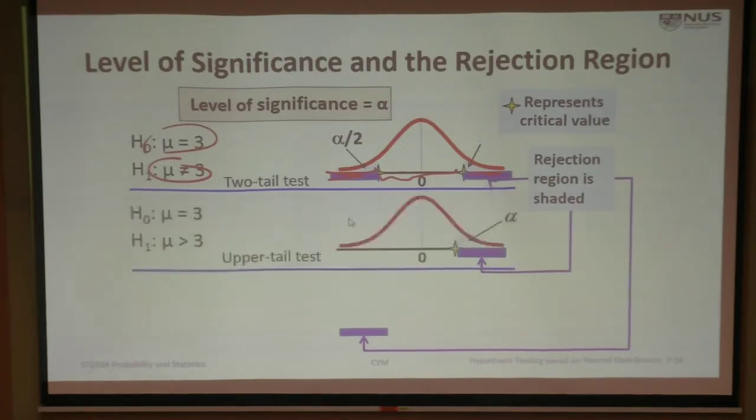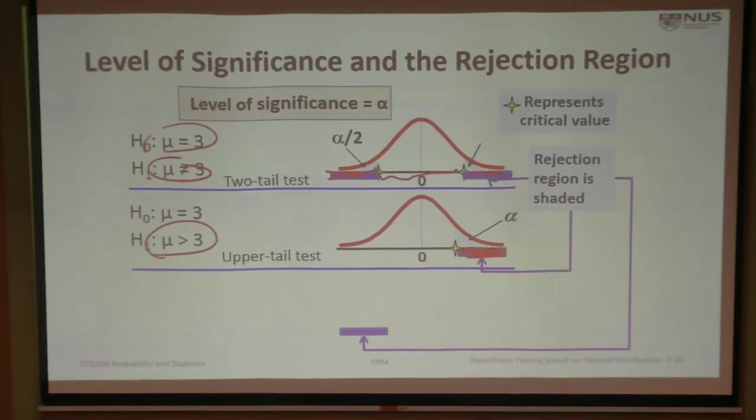And for a one-sided alternative, you try to check whether mu equals 3 or mu equals some value which is bigger than 3. If mu is bigger than 3, you expect that your X bar or your test statistic should be bigger. So you expect the right-hand side to be bigger.